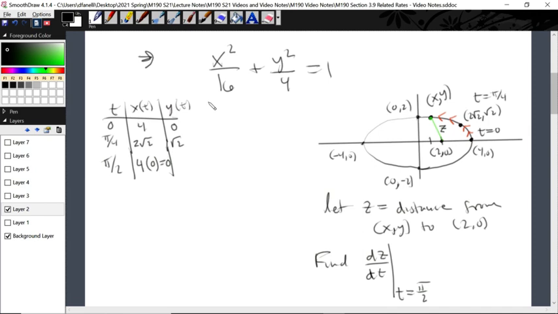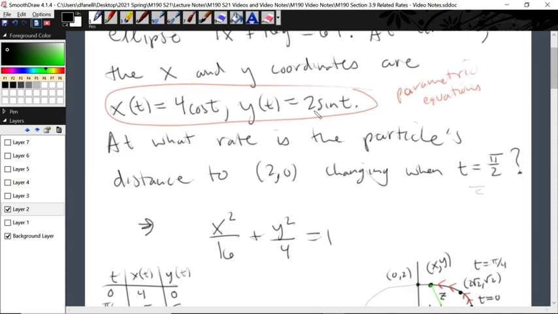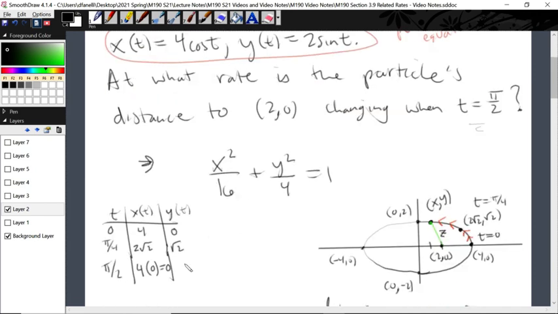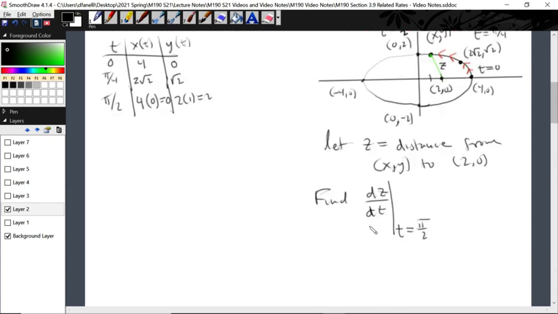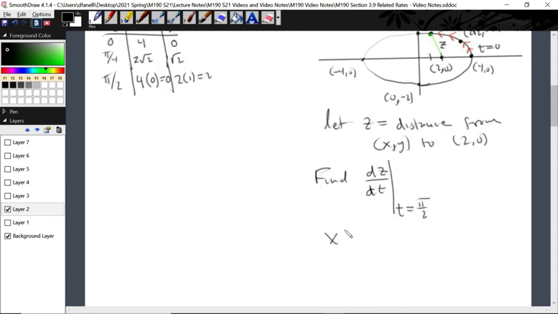And the y-coordinate is 2 times the sine of pi over 2. That's 2 times 1, which is equal to 2. So t equal to pi over 2 corresponds to the point with coordinates 0, 2. The x-coordinate at pi over 2 is 0, and the y-coordinate is 2. So these are some known quantities that we have here.